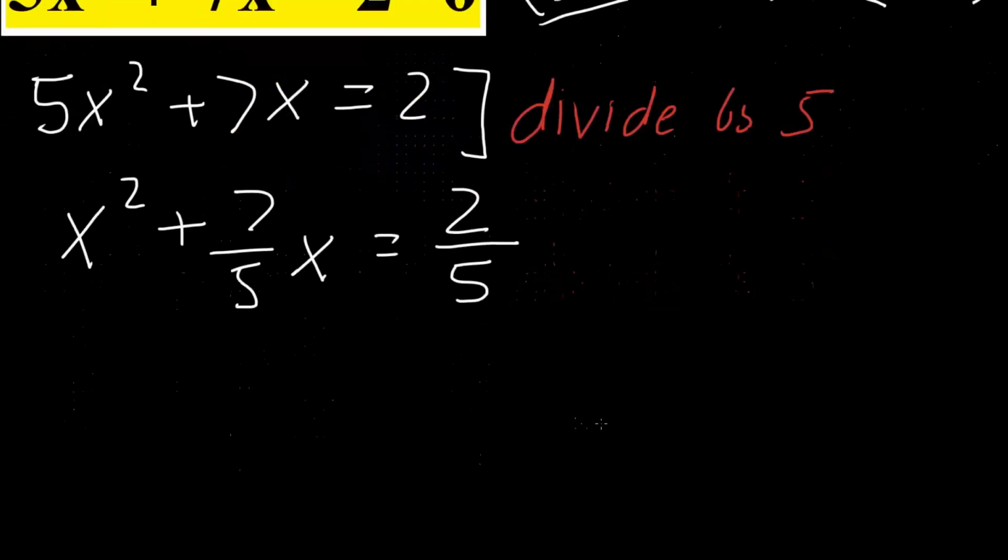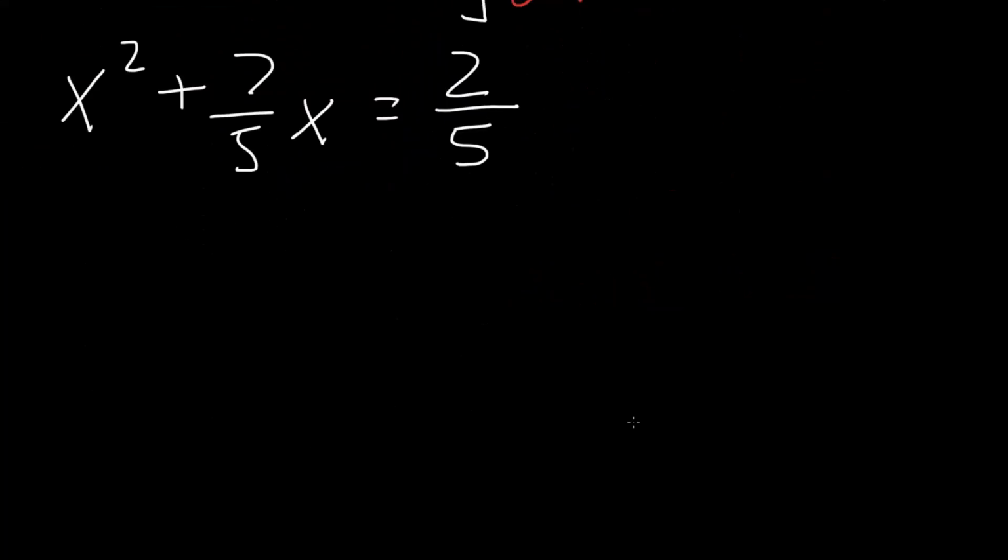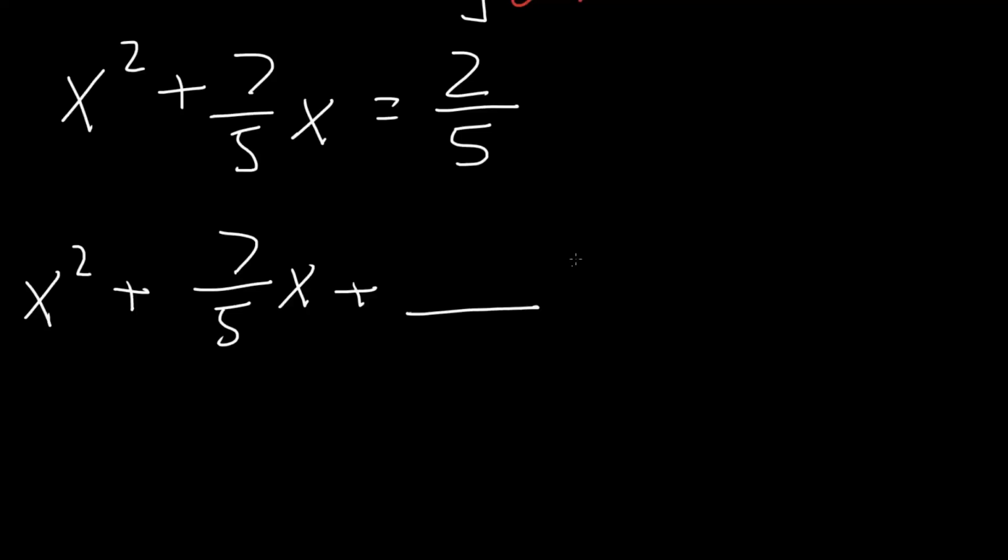And the next thing we're going to have to do is a little bit different than what we normally do. What we're going to do here is say x squared plus 7/5 x plus a blank term, because eventually we will factor it, is equal to 2/5 plus that blank term, because if we insert a blank term here, we also need to insert the blank term here.